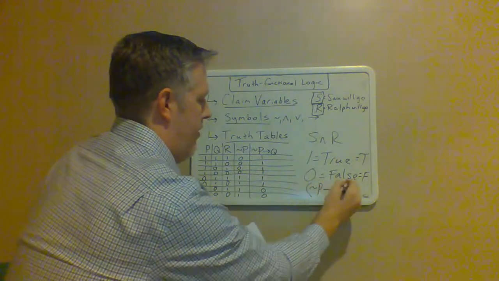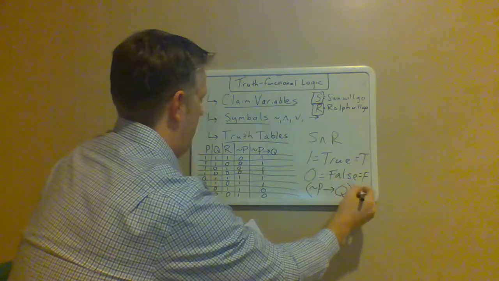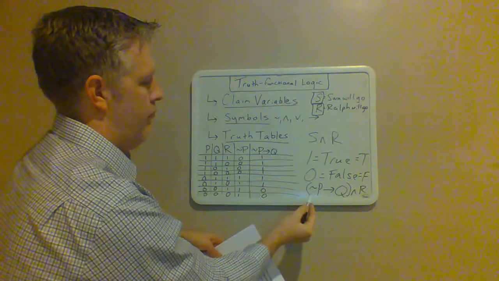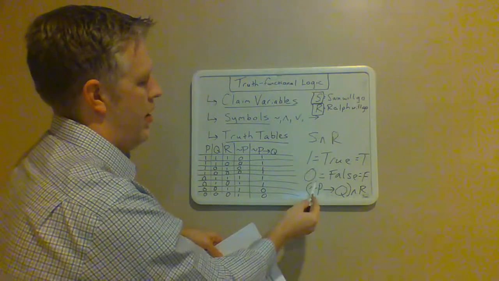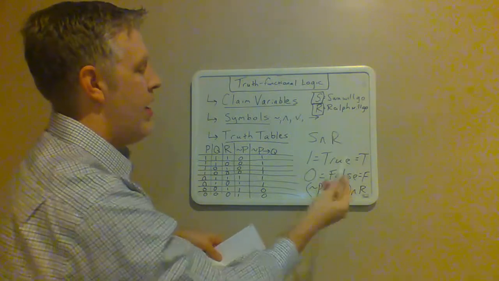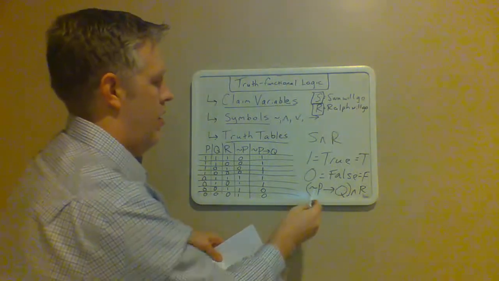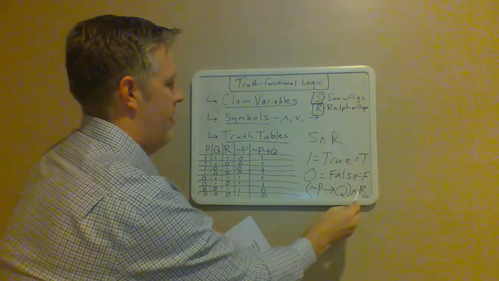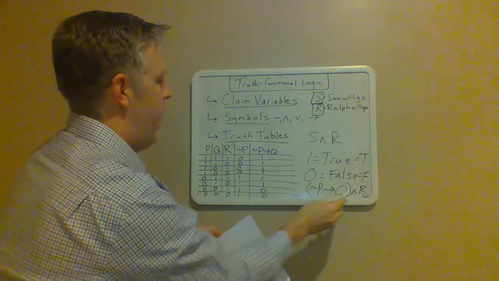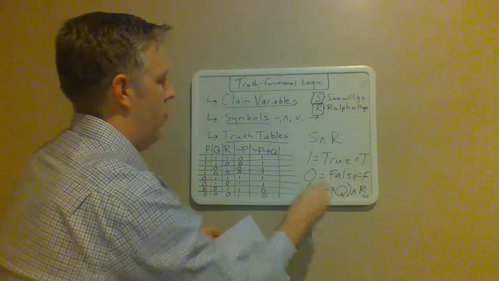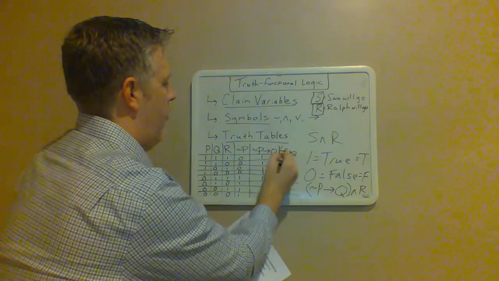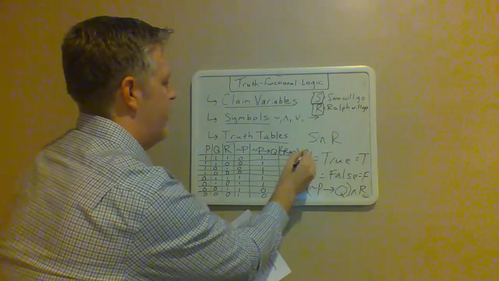Let's say this is part of a much bigger conjunction. So let's say we actually had, how would this read? If Paul doesn't go, then Quincy will go, and Ralph will go. Well, before we can get to all this, we had to first map out this part, which we just did, and now, and only now, can we throw in this whole entire claim, plus that second conjunct.